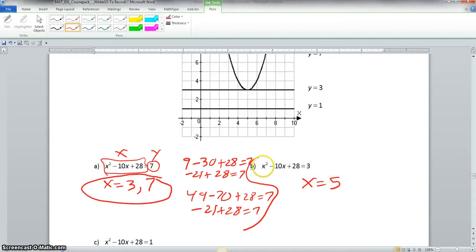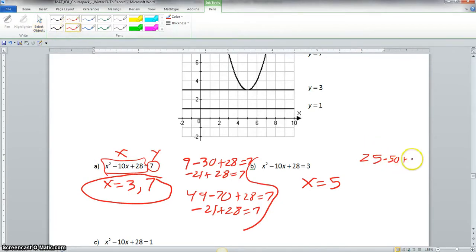So if we substitute in 5, 5 squared, we know is 25. Minus 10 times 5, we know will give us minus 50, plus 28. Now that is supposed to give us 3.